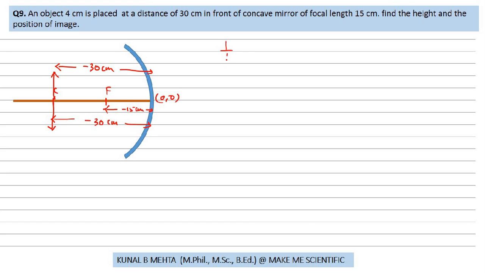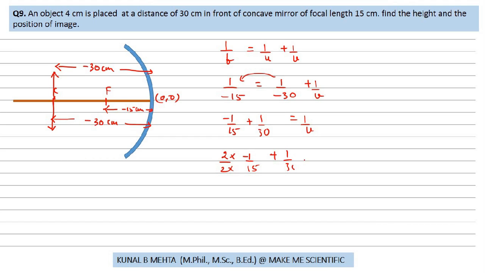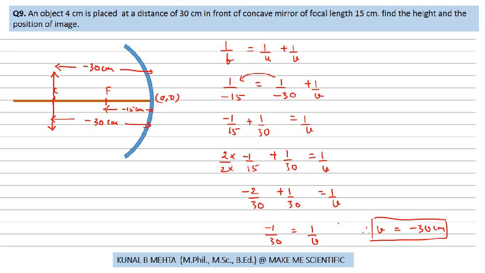But let's apply the formula and find the answer. So our image distance is also minus 30 centimeters, mathematically proved.